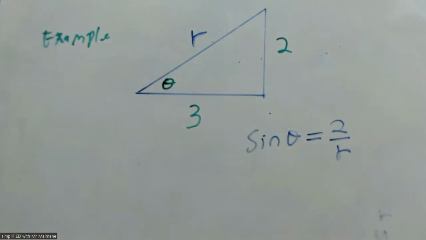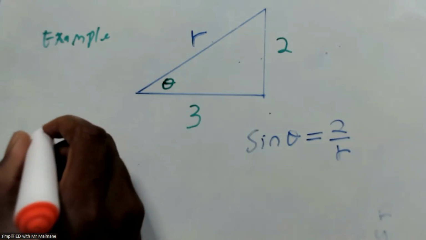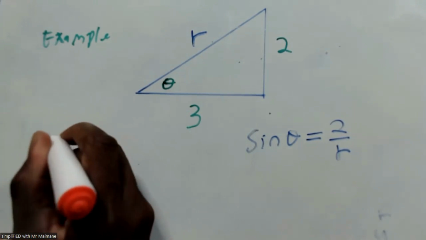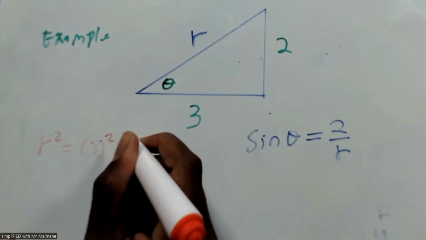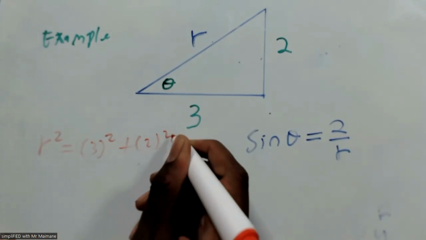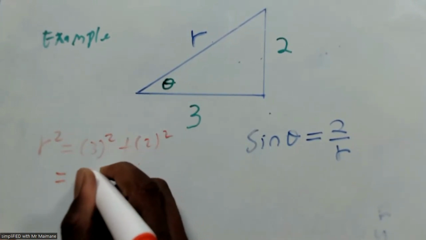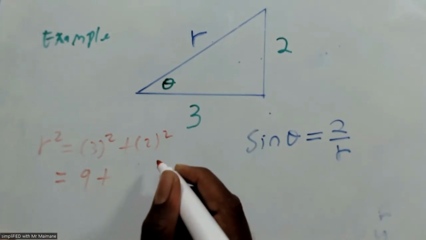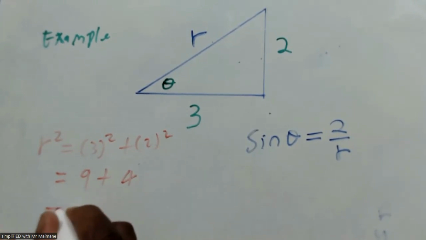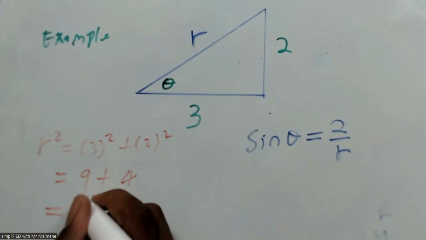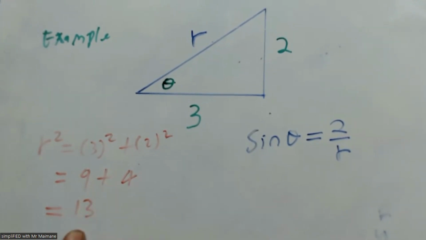Meaning, in this case, I'll have to find r first. And to find r, I use Pythagoras theorem. Therefore, r squared is equal to 3 squared plus 2 squared. Therefore, 3 squared will give us 9 plus 2 squared will give us 4. Therefore, our r squared is 13, but that is r squared.